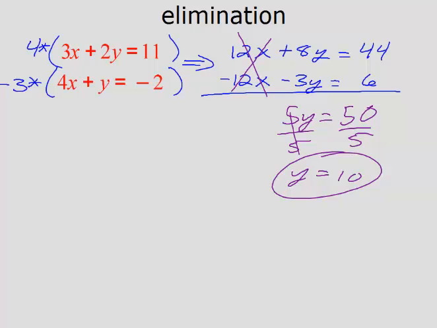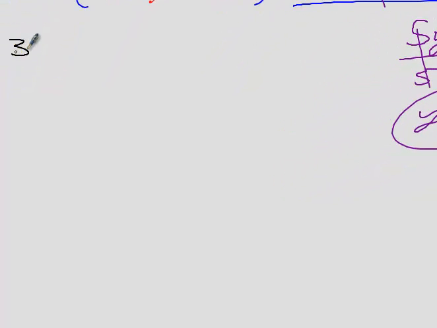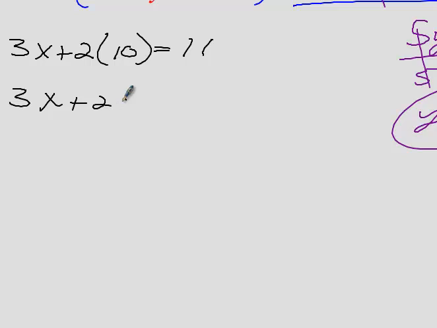So how do you think I find x now? Okay, to what? One of the original equations, right? Again, doesn't matter which one? No, so which one do you want me to use, top or bottom? Bottom? Top, okay. So I take my top equation, I replace my y with my now known value. How do I get x by itself?